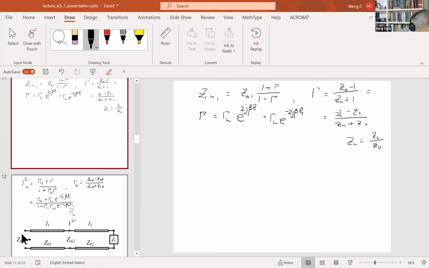How would we find Z in 1? The first thing we should do is to find Z in 2.